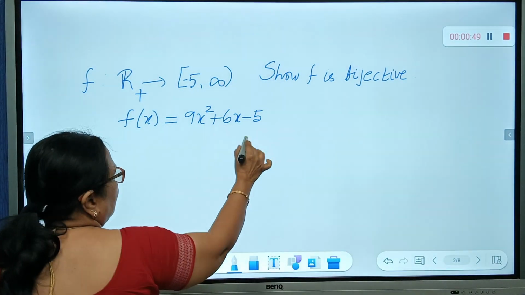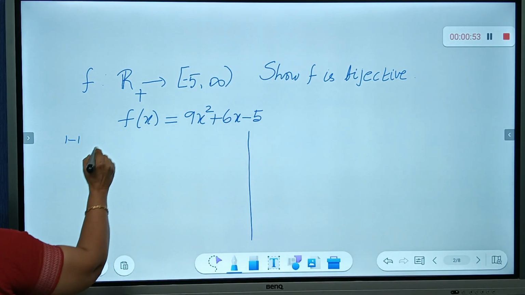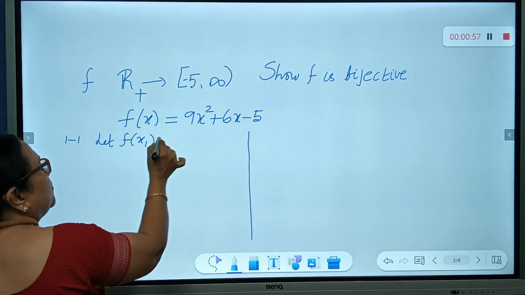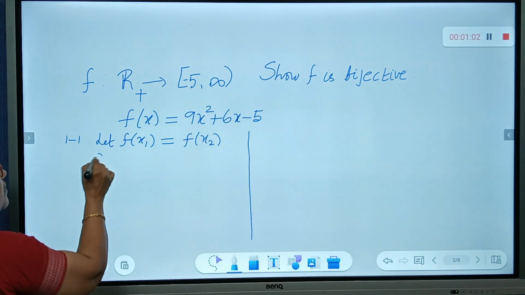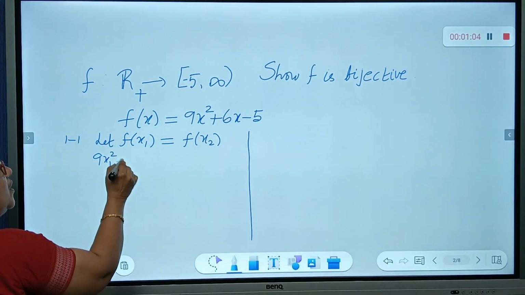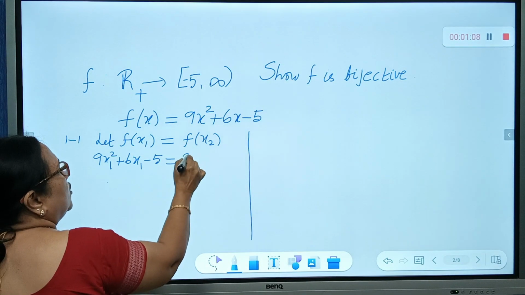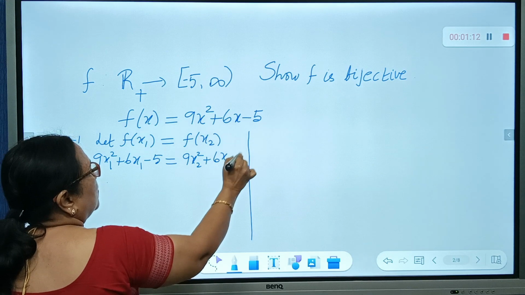So first we will prove it is one-to-one. How will you prove it is one-to-one? Let f(x1) be equal to f(x2). What does that mean? 9x1² + 6x1 - 5 = 9x2² + 6x2 - 5.